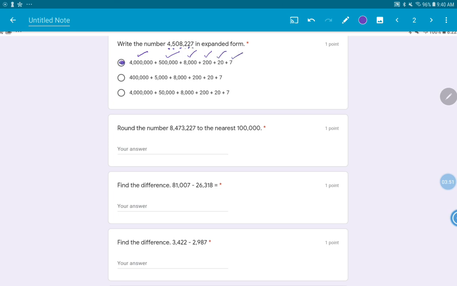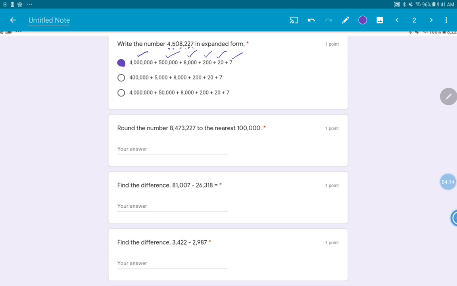So you are correct, Olivia. The first choice. Look at the bottom one. It looks just like that, but instead, just 50,000. That bottom choice is wrong because it says 50,000 instead of 500,000, but everything else is correct.